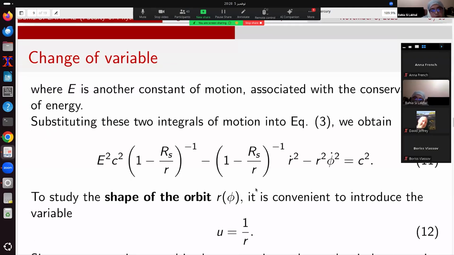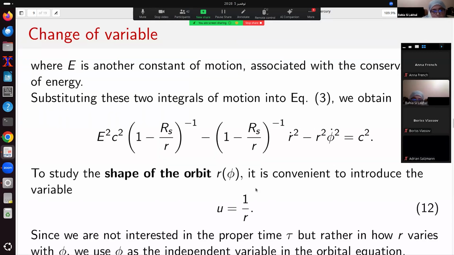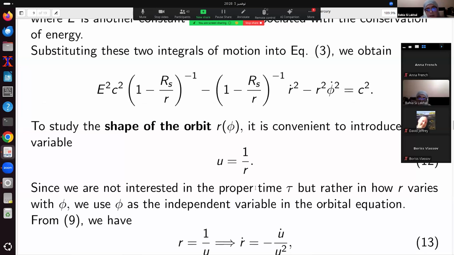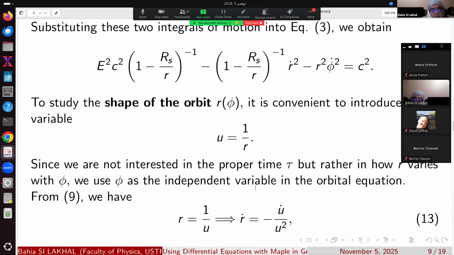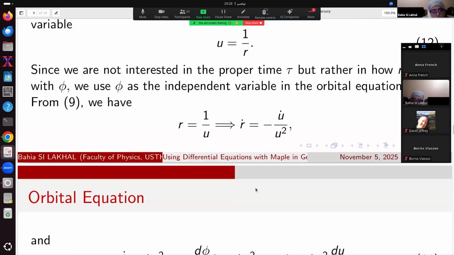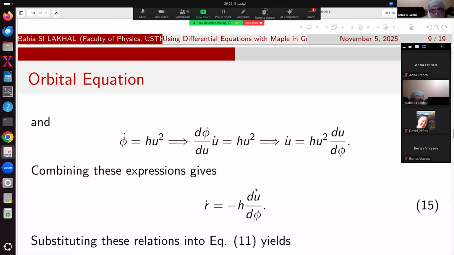Now, to study the shape of the orbit r as a function of phi, it is convenient to introduce a variable u equal to 1 over r, and then find a differential equation for u of phi.